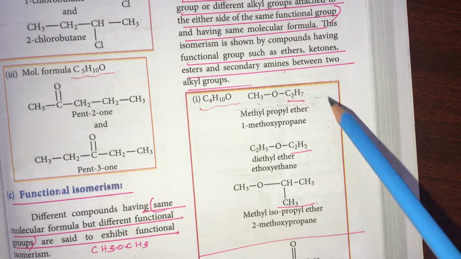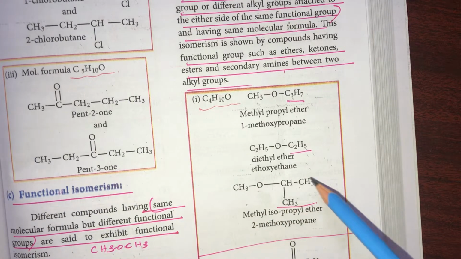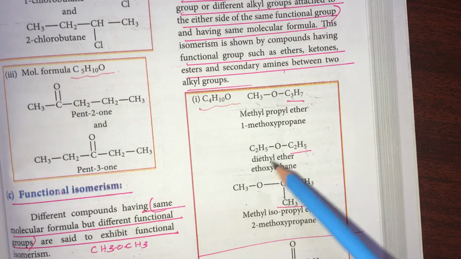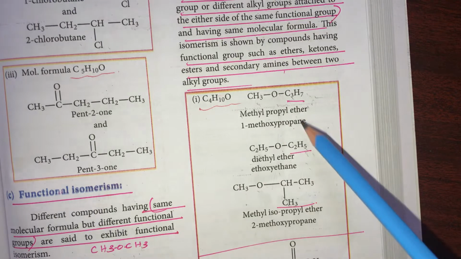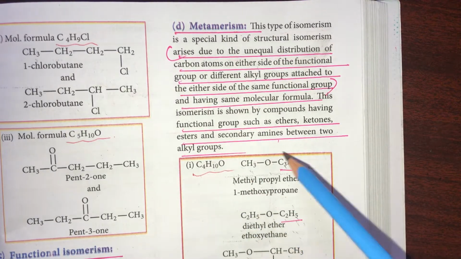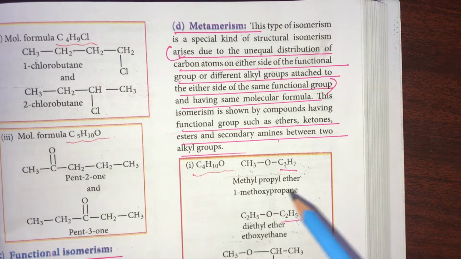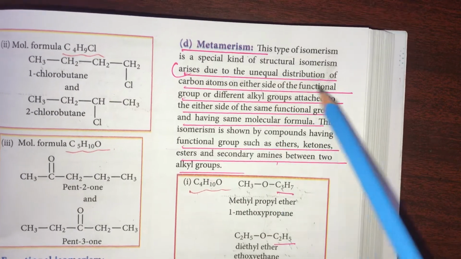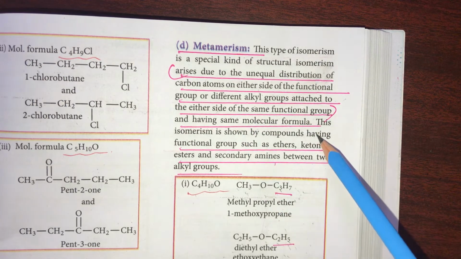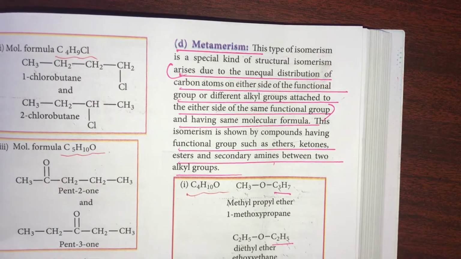Here the long chain propyl, and here the side chain isopropyl. These are all the metamers of C4H10O. Metamerism arises due to the unequal distribution of carbon on either side of the functional group, that is, different alkyl groups attached to either side of the same functional group with the same molecular formula.